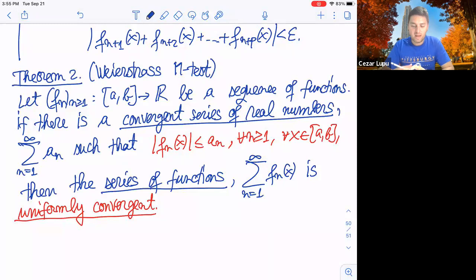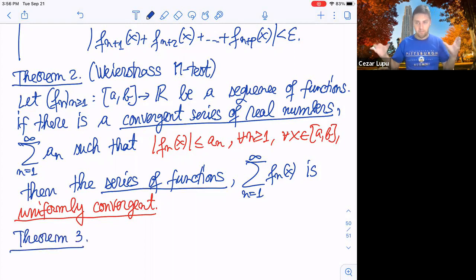There are some cases when we have some kind of alternating series of functions, just like in the case of series of real numbers, when the Weierstrass M-test is not conclusive. So therefore, we cannot use it. So we try to use other theorems, and there are actually two theorems, but I'll blend them into just one theorem.